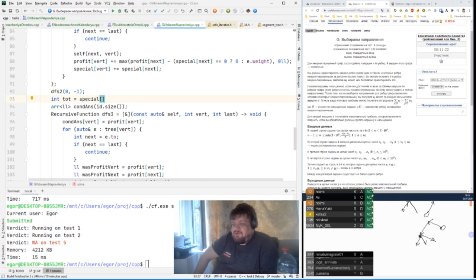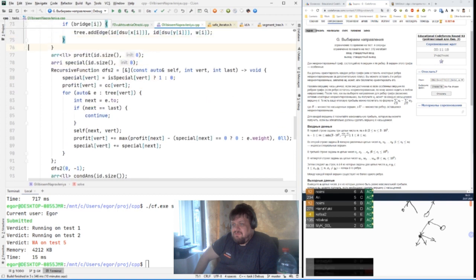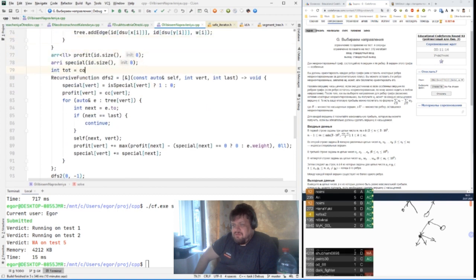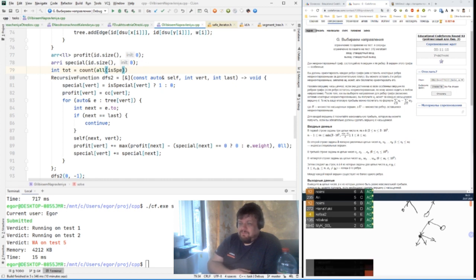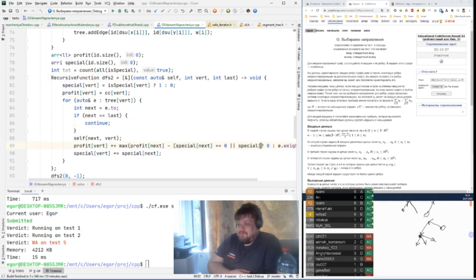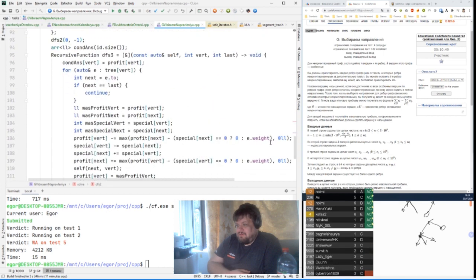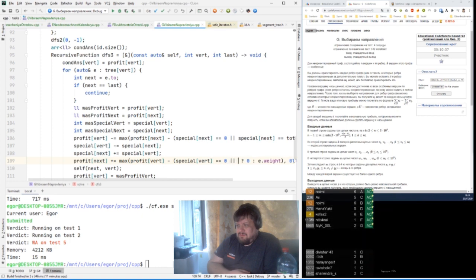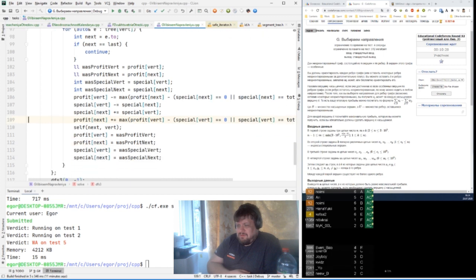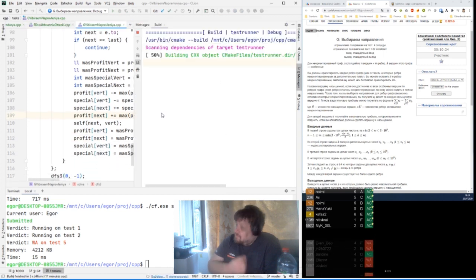So total number of vertices, total number of special vertices, sorry. Well, we need to edit everywhere. And that's it. This is the correct solution.